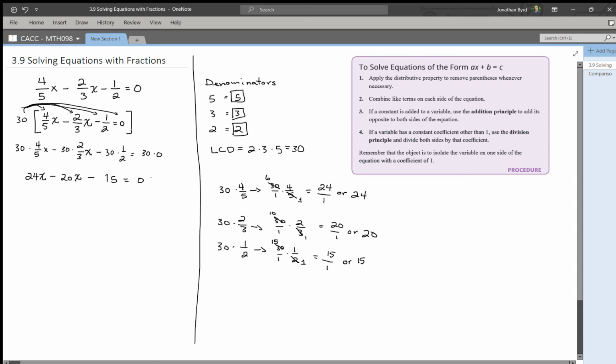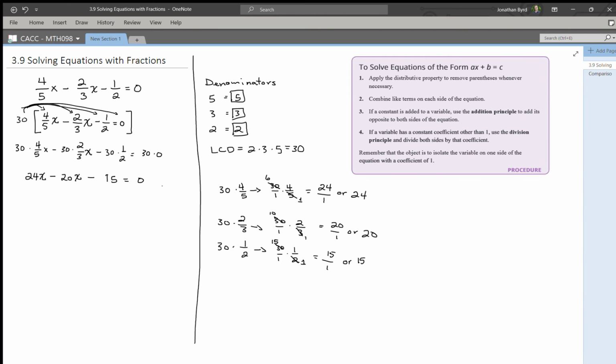So the effect of multiplying the entire equation by the LCD, instead of multiplying each fraction by whatever I needed to find a common denominator, is that I get an equation with larger number parts.